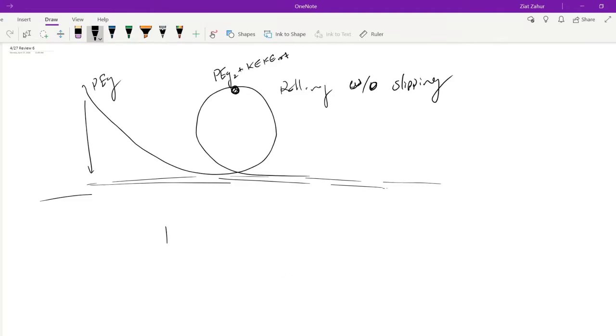So we have the original potential energy turning into potential energy plus kinetic energy, so mgh is equal to mg times the second height, which is 2r high, or the diameter worth of height, plus kinetic energy, 1/2 mv squared.